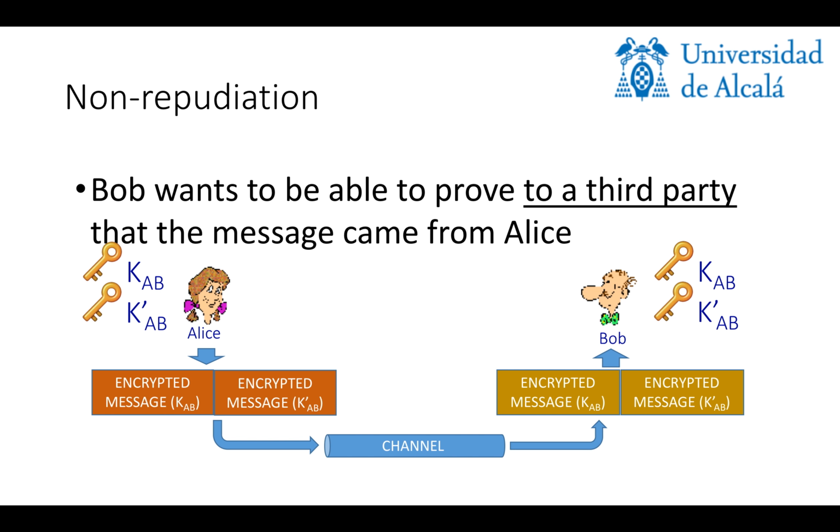So Bob can be sure that Alice sent the message, but he cannot prove it to a third party. Why not? Because since the used keys are shared by Alice and Bob, Bob could have been the one generating the message. So Bob cannot prove that it was Alice and not him.